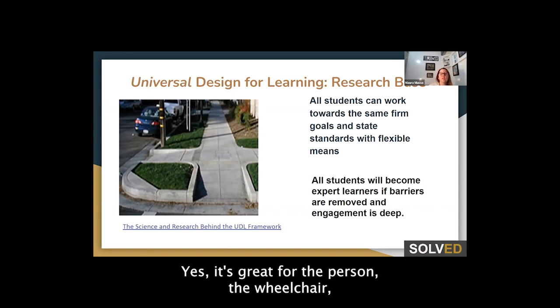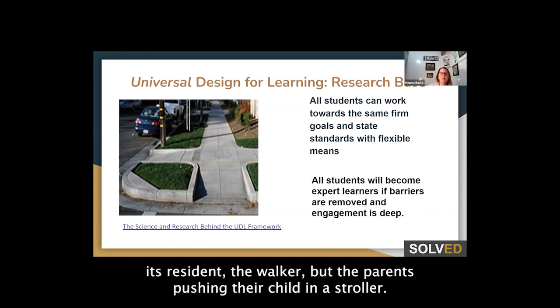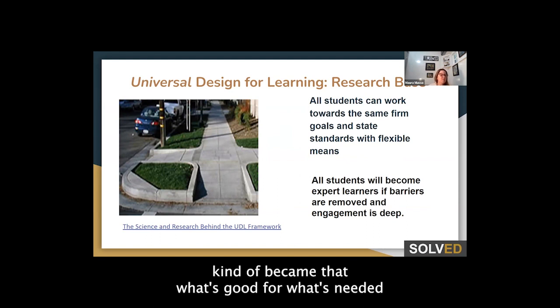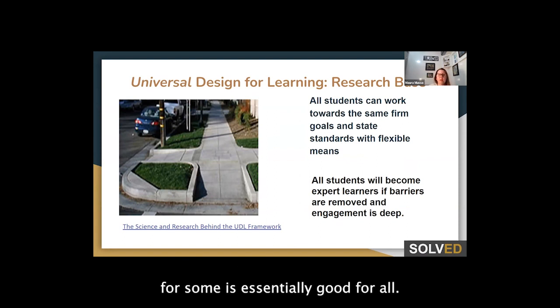Yes, it's great for the person in the wheelchair, the person in the walker, but the parent pushing their child in a stroller, this is really useful for them. A person on a bike or on a skateboard, this is really useful for them. So this idea of universal design kind of became that what's needed for some is essentially good for all. It's even good for people walking who just don't have to take that step up.